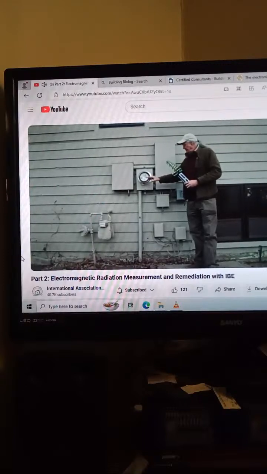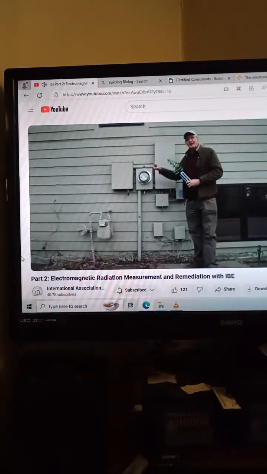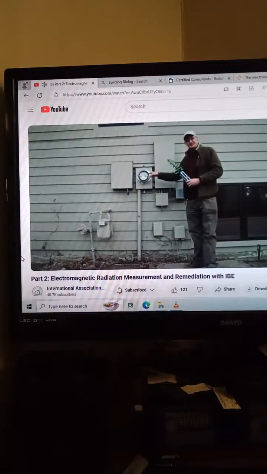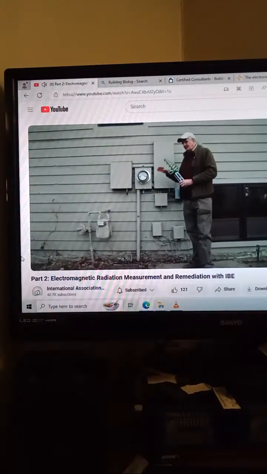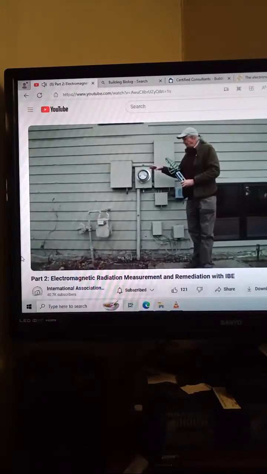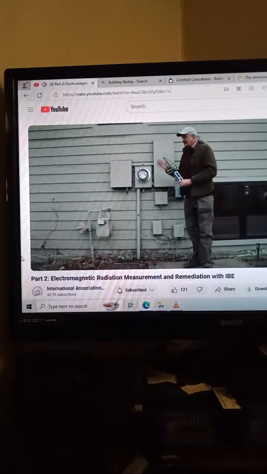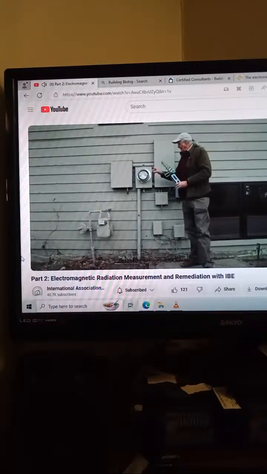So we're going to be measuring the radio frequency transmission from what we call a smart meter. And the difference between a smart meter and the old analog meters is, number one, it's digital. The smart meter is digital. The analog meters are analog. They're mechanical. There generally are no electronic parts in them. Although I have seen an analog meter with a radio transmitter in it, but generally that's not the case.